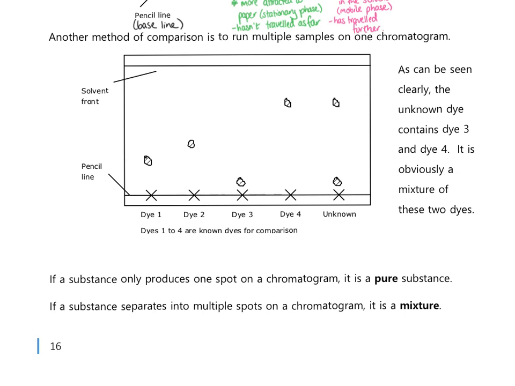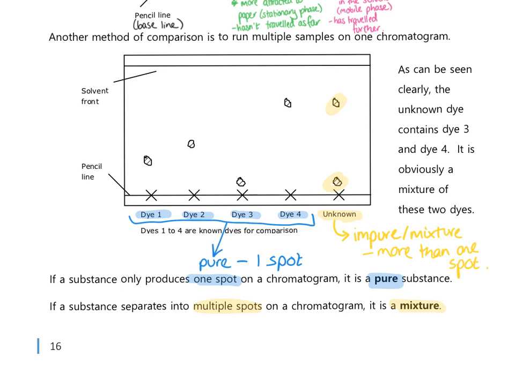So you can see from this chromatogram that dye 1, 2, 3 and 4 are all pure substances because they produce only one spot on the chromatogram. Whereas our unknown is impure. It is a mixture because it has multiple spots. You can see here it has 2 spots, so it must be a mixture of multiple dyes. So if it has more than one spot, then it is a mixture.